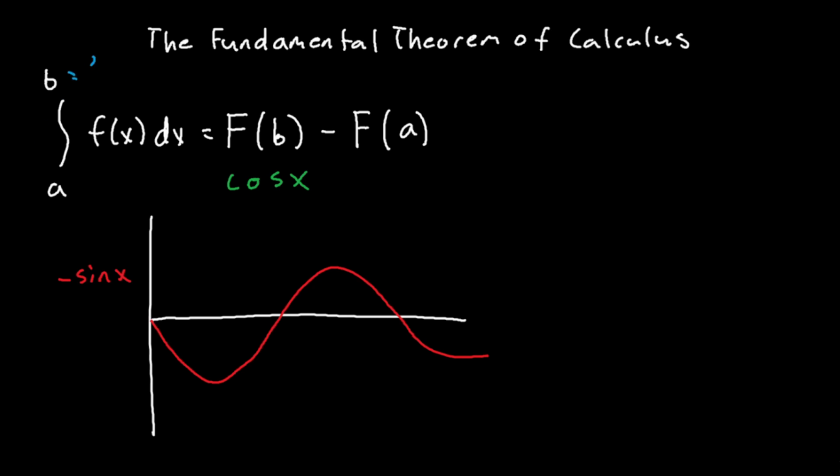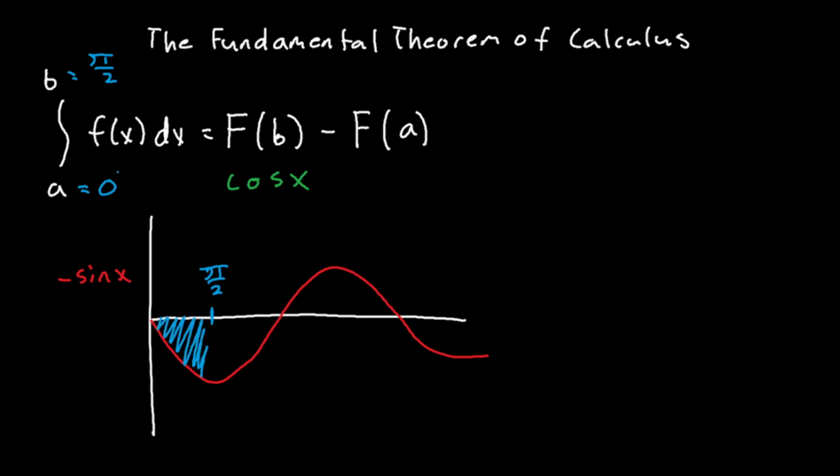And let's say that our bounds were pi over 2 and 0. Well, from what I stated previously, pi over 2 would be here on the graph, on one of the troughs of negative sine of x. From what I stated previously, pi over 2 should give you the area from 0 to pi over 2.